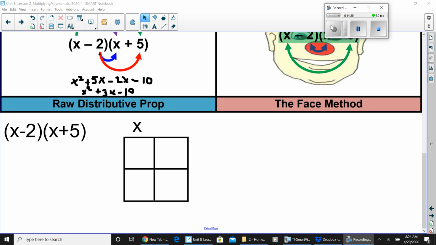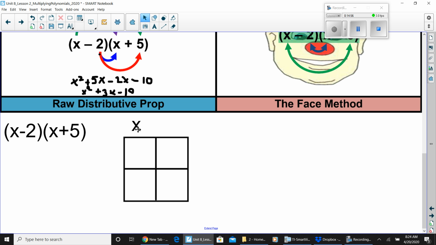So there's one way that's not on here, and this is just another way that you could use to do this. You set up a square like this, and you basically put a line down and a line across, just setting up a square. So I have x minus 2 that I want to multiply as one binomial by x plus 5.